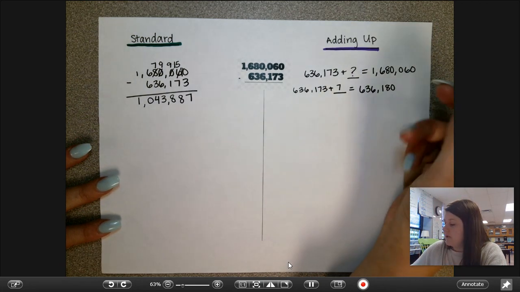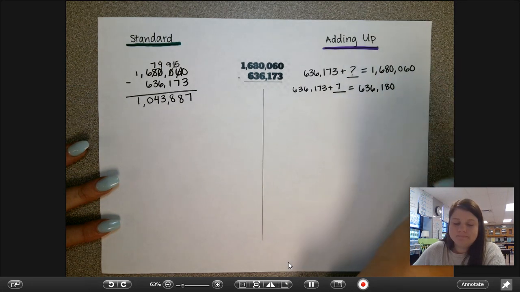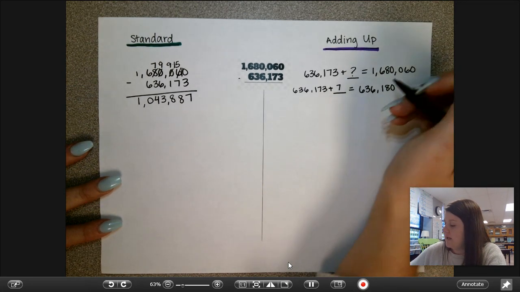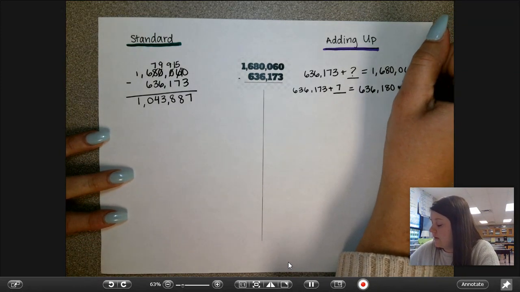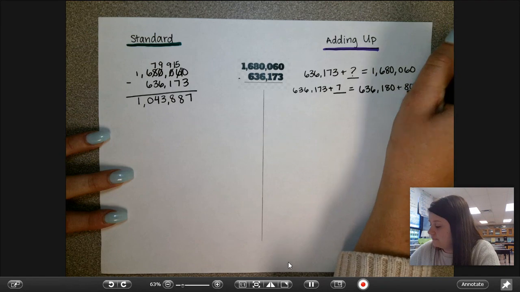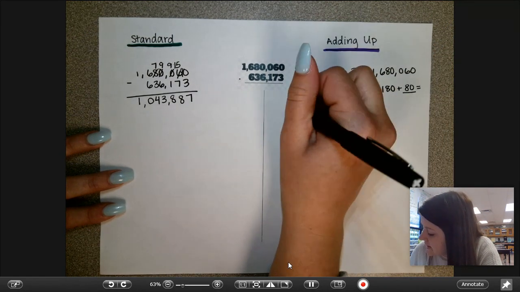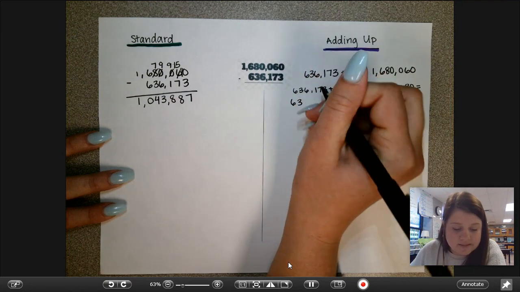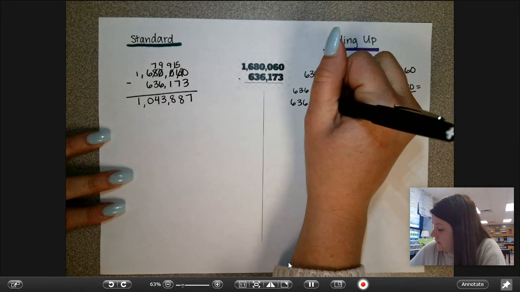So now I'm trying to get this 8 to turn into a 6. Well, I know that 8 plus 8 is 16, and that's going to change that 8 to a 6. So I'm going to add 80 here. Now my number's up to 636,260.